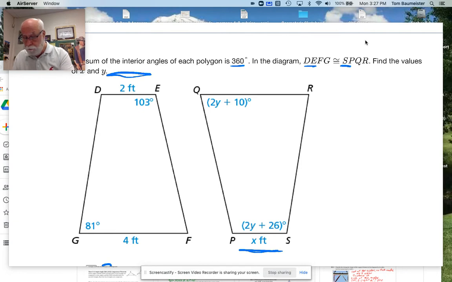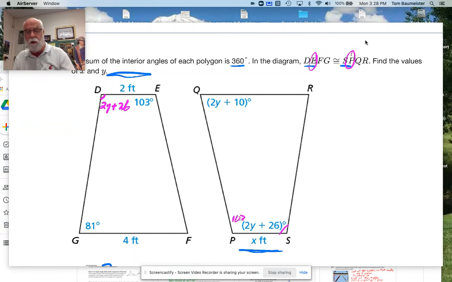Let's look at the angles now. Angle D is the same as angle S, right? So then we can write this as 2y plus 26. All right, angle E and angle P. Angle E and angle P. Well, that tells us then that this one here would be 103.